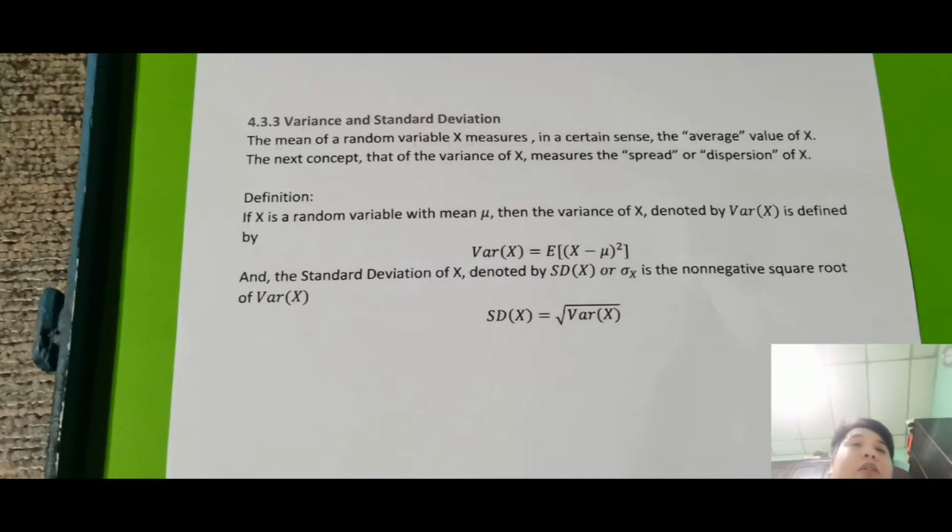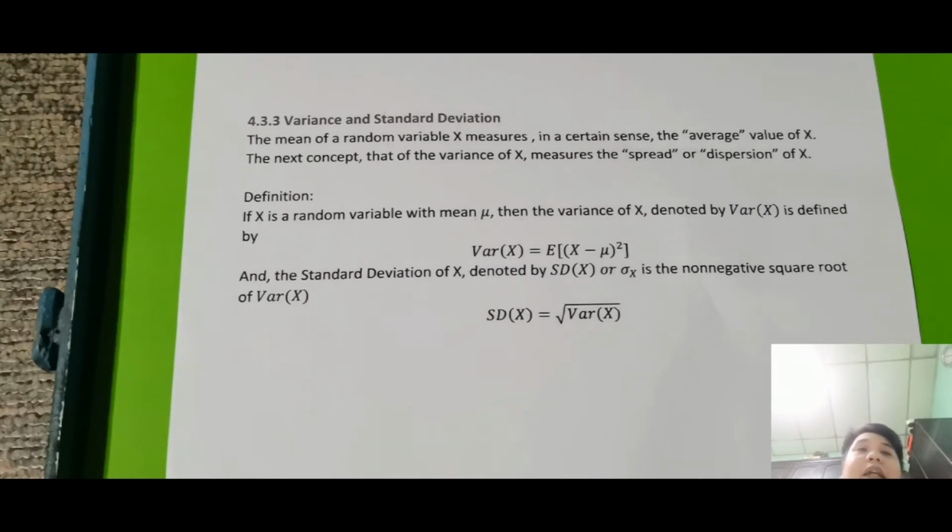When you want to get the moment of inertia, that is the variance of x. So again, someday when you encounter this, remember what I said: you can relate the expected value to the average value, or weighted average, or the mean, and the variance to the moment of inertia.